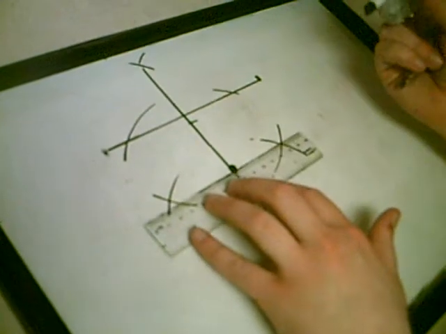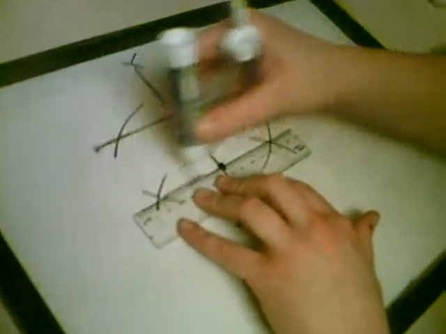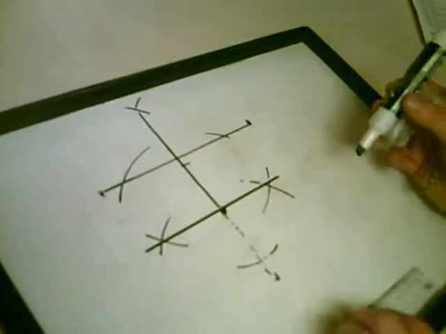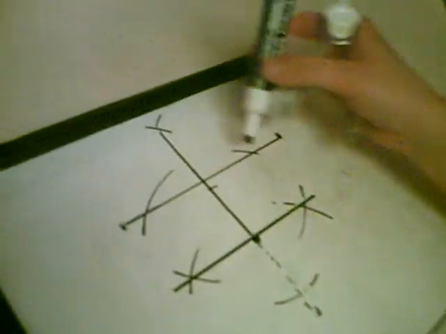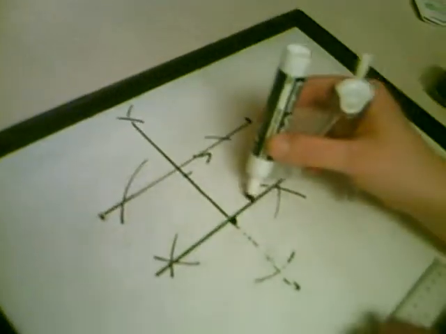This doesn't look like I did it very well because I'm using this, obviously, but it should be pretty close to perpendicular, or parallel lines, I mean, with this.